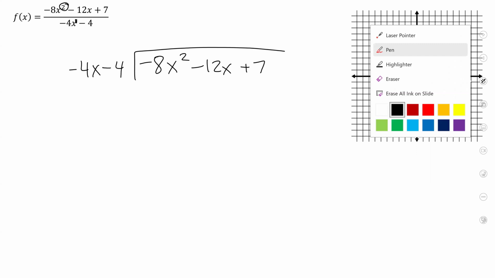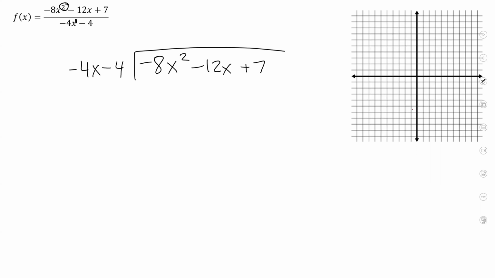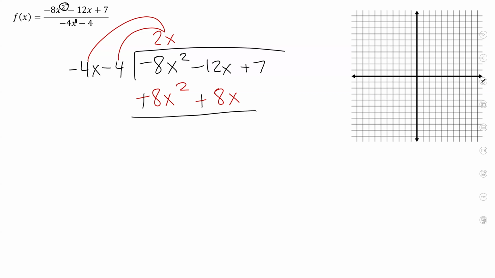All right, guys, so -4x times what will give you -8x squared? 2x, perfect. Now we multiply. This times this is -8x squared. This times this is -8x. We are going to go through and change the signs. Those cancel.